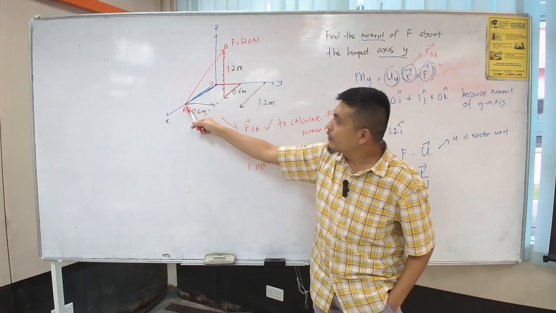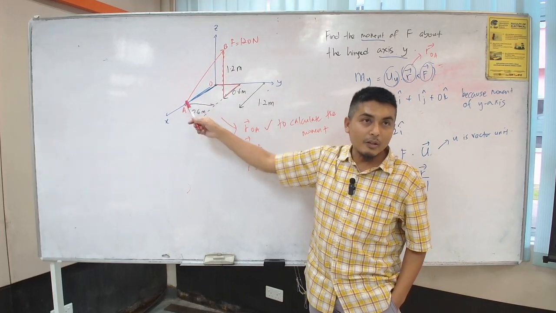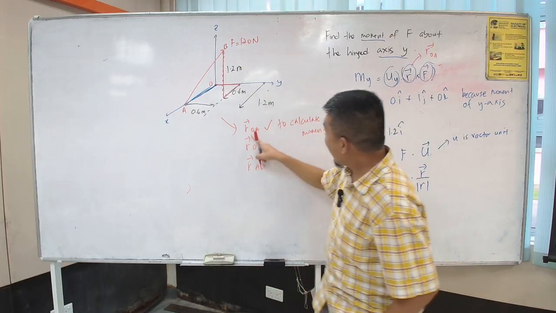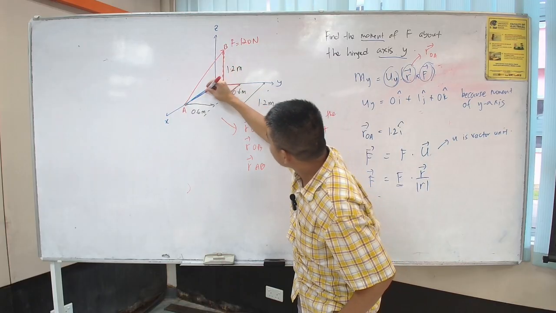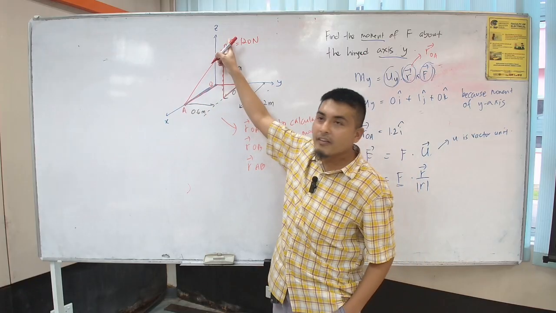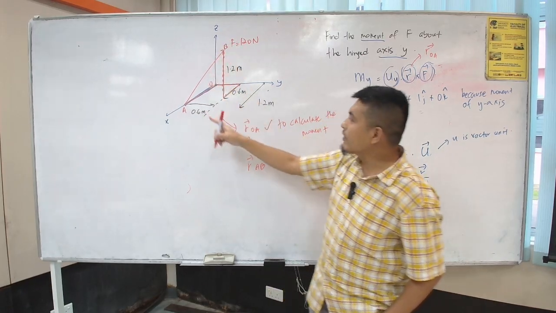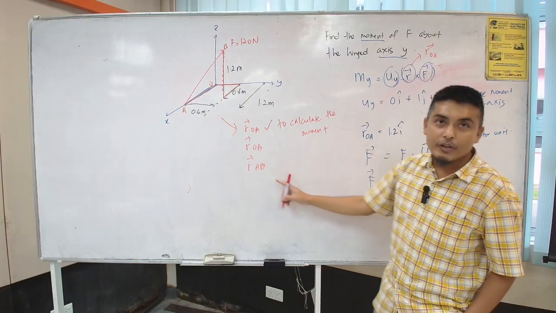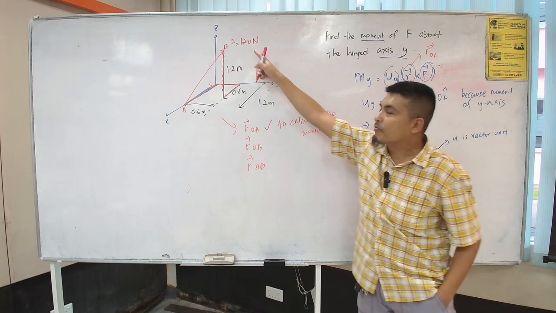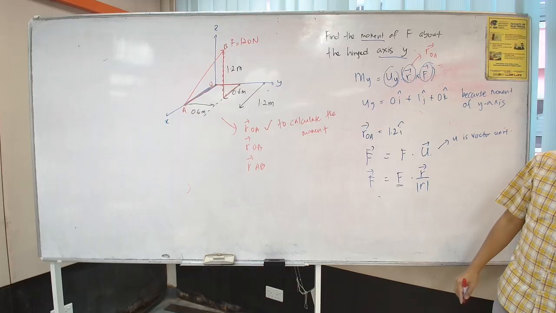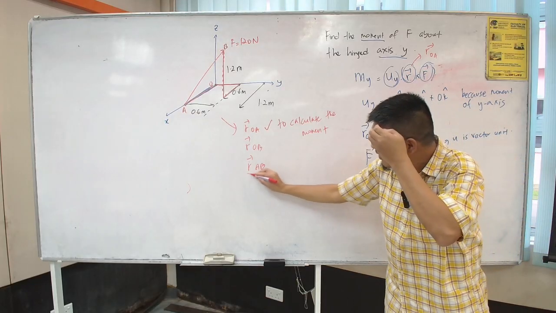Is it related to this force? No. The direction for the ROA here, is it related to this force? No. So that's why we need to use the RAB in order to convert the force from scalar to vector. So now, how do we find RAB?